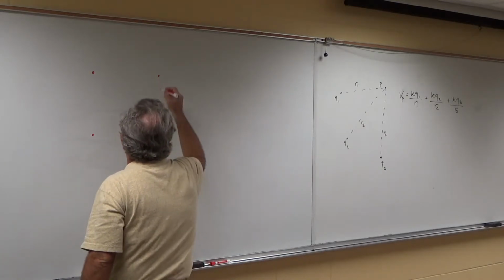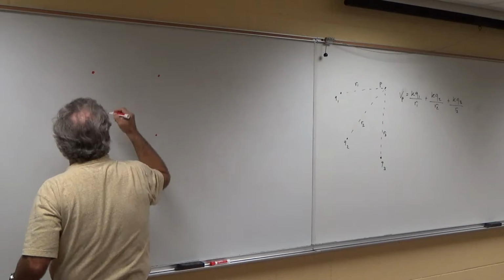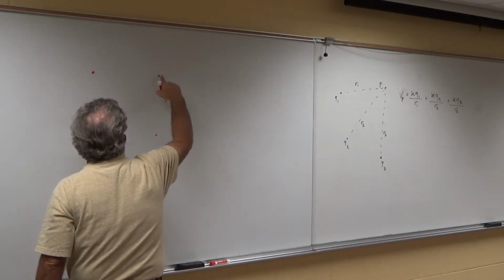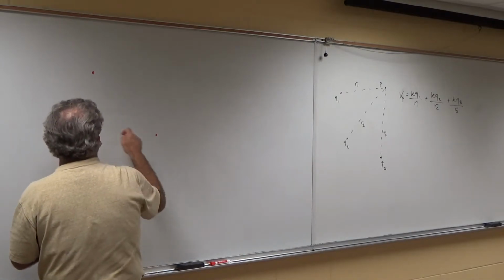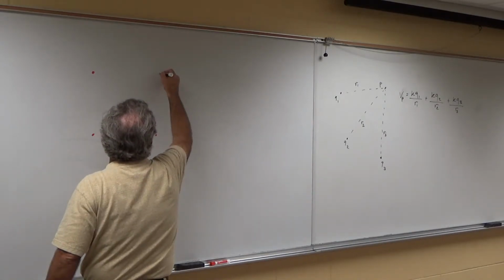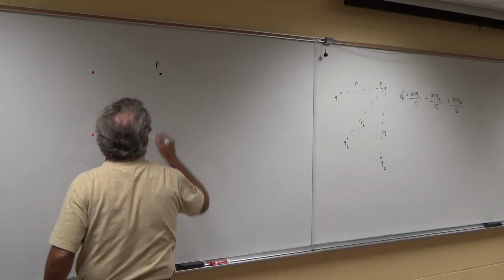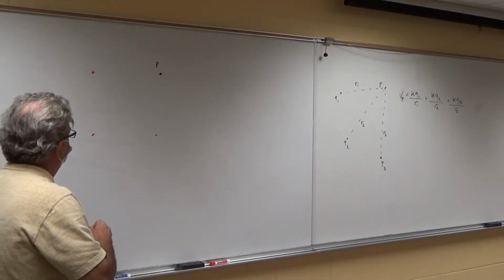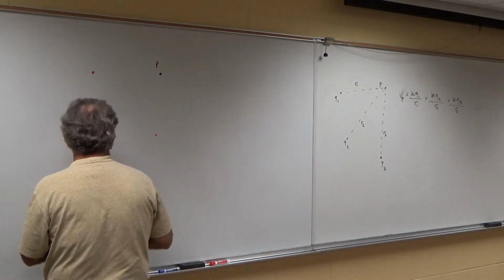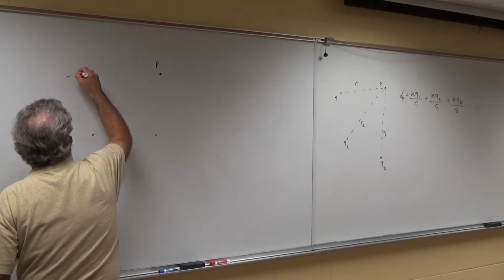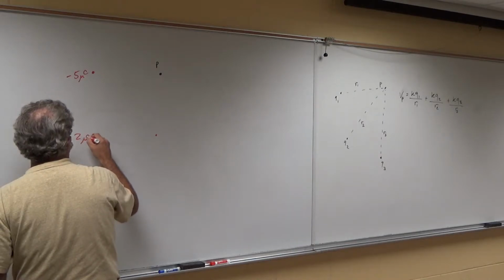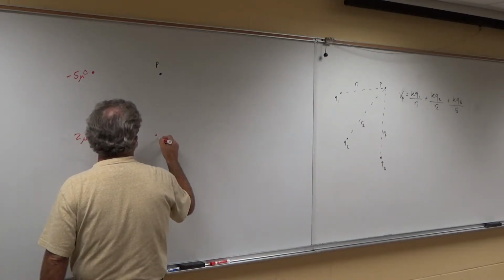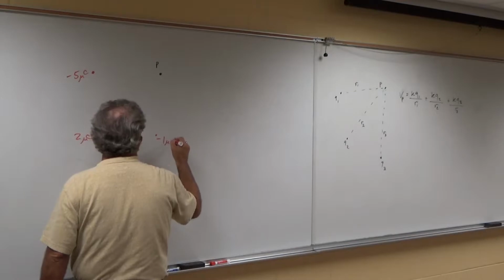So here are some charges at the corner. These are charges. This is some point P. It's arranged in a square. This is a -5 microcoulomb. This is a 2 microcoulomb. And this is a -1 microcoulomb.